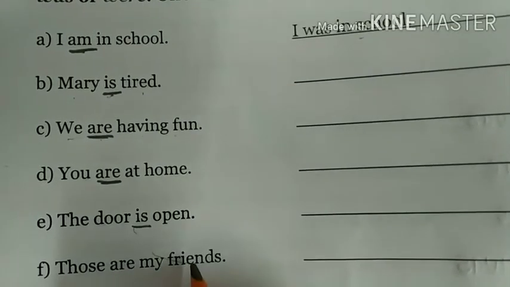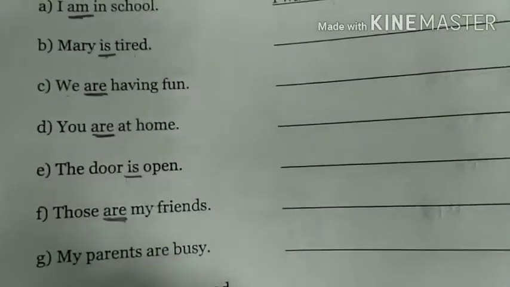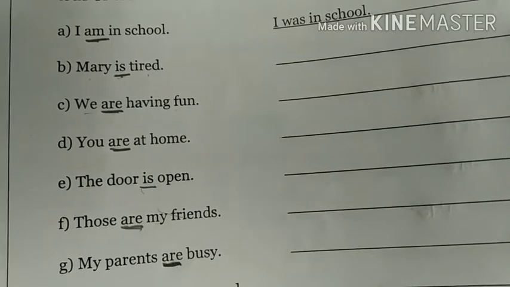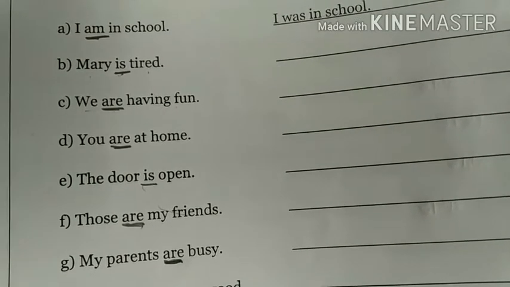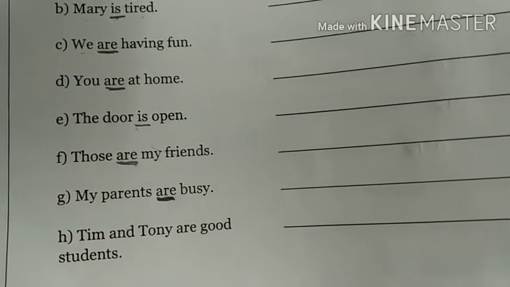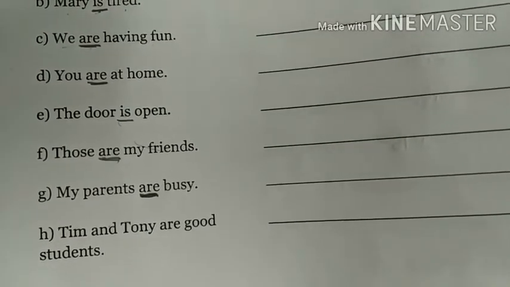Those are my friends. My parents are busy. Don't forget to underline the auxiliary verb which I had underlined here. It will help you to know how to change the verbs with was and were. Then the last one is Tim and Tony are good students.